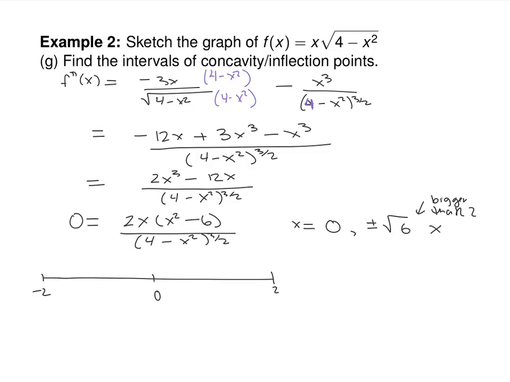Okay. So if I tested, say, -1: negative first term, negative second term, denominator being positive. It looks like Kermit the Frog.